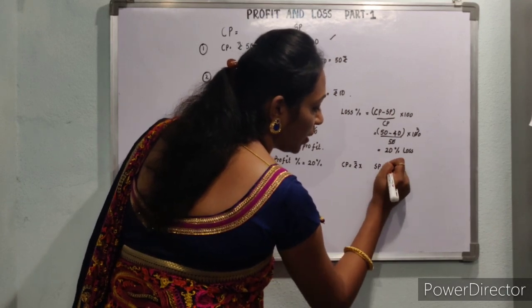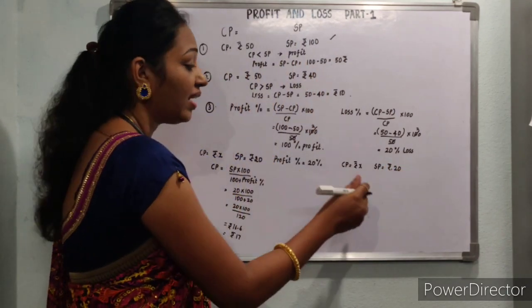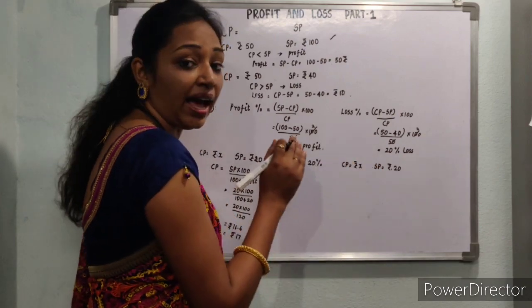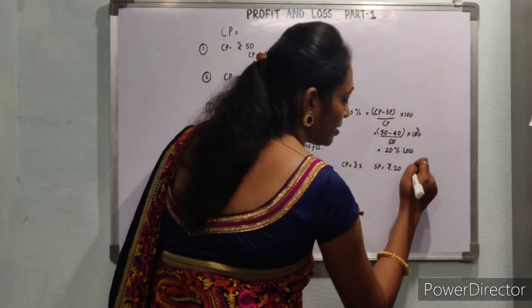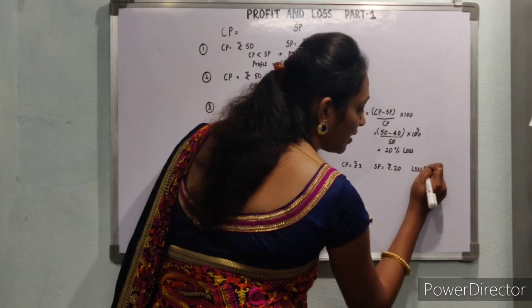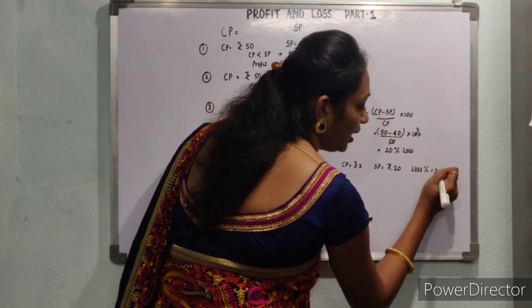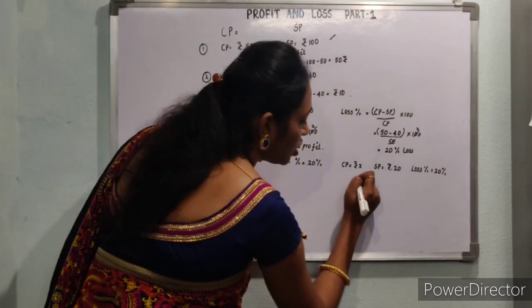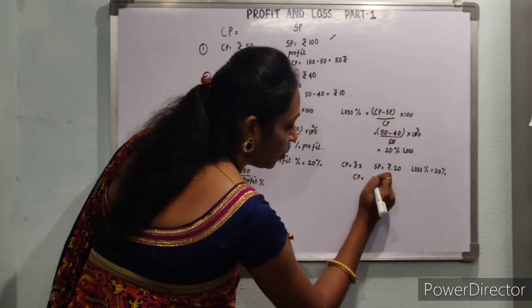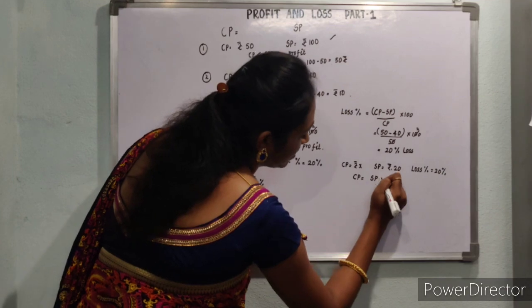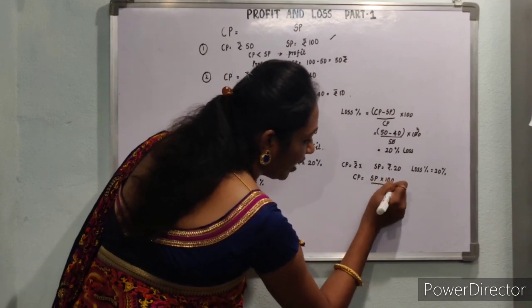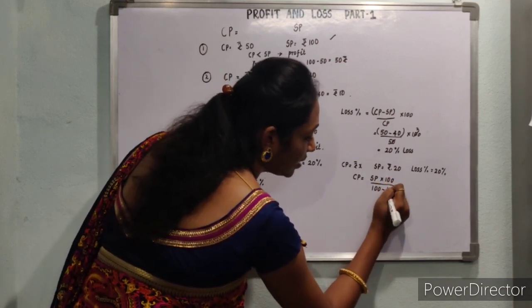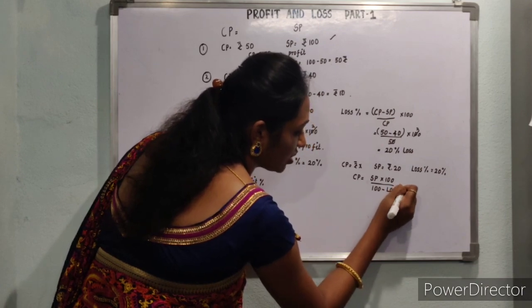Selling price is 20 rupees and the person had a loss of 20%. So loss percentage is 20%. Now what is the formula in case loss is given? Cost price equals selling price into 100 divided by 100 minus loss percentage.